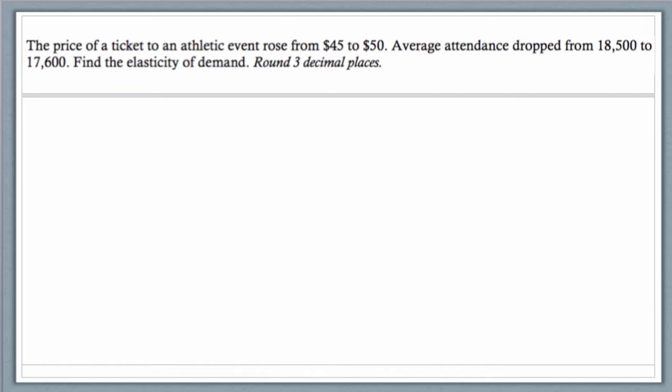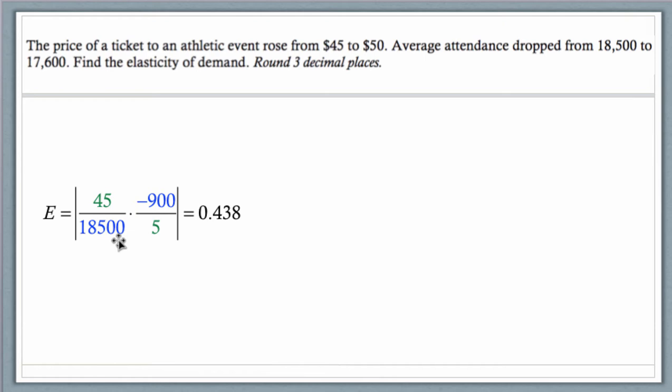The price to an athletic event rose from $45 to $50. Average attendance dropped from 18,500 to 17,600. We want to find the elasticity of demand. So my original price was $45 and the original demand was 18,500.